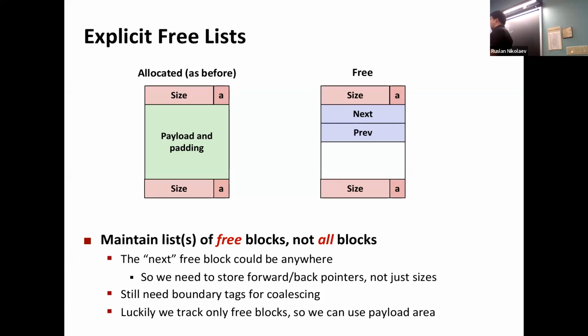This memory allocator is used just for this particular process. That's our assumption. Does it make sense? So only free blocks need to be kept track of. We don't care about allocated blocks. They are already allocated, we cannot touch them.